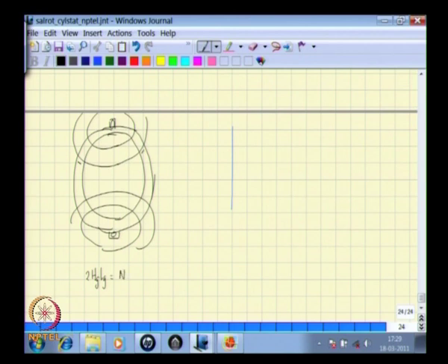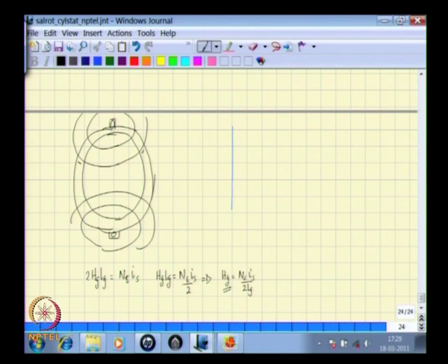This is equal to Ns into Is, and therefore Hg into Lg is equal to Ns into Is by 2. We can therefore get Hg as Ns into Is by 2 Lg.